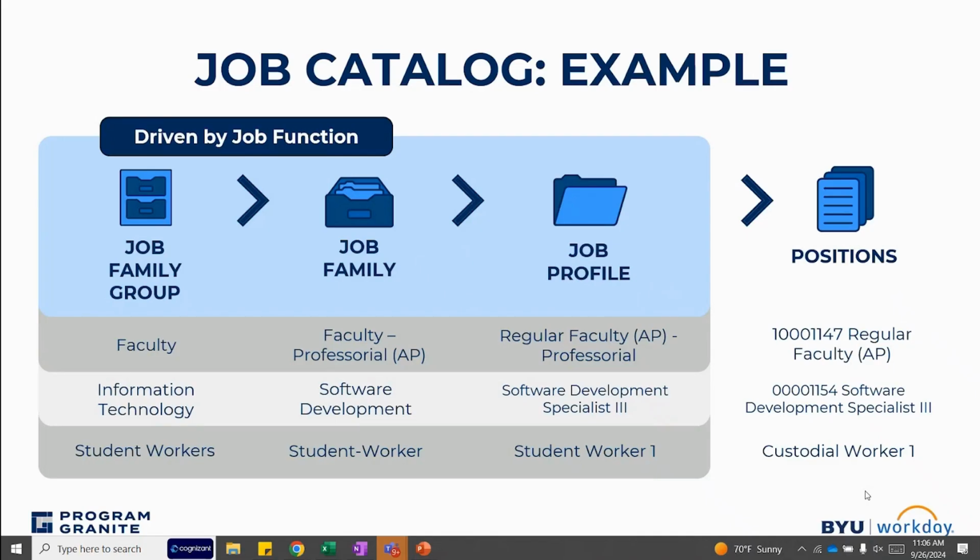But student worker one now is used all across the board. And you can see in the position, that's where we're going to indicate this is a custodial student worker. This is a student worker in dining. This is a student worker in life sciences. This is a student worker in the bookstore. All of the different places where you might have a student worker one, pay range, experience level, but then on your position, you can have your specific job description, course title.